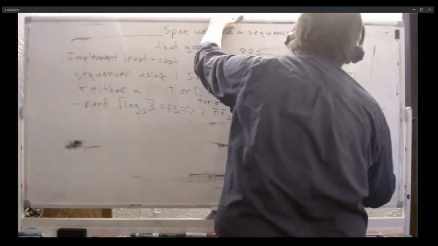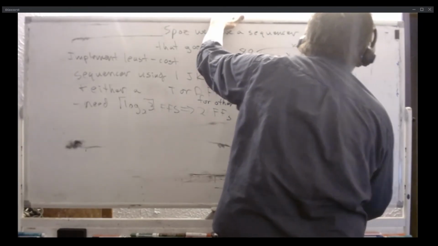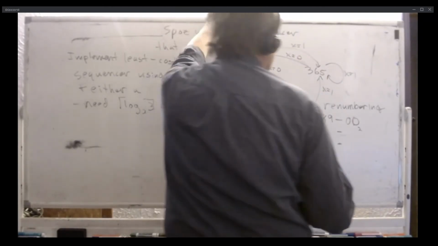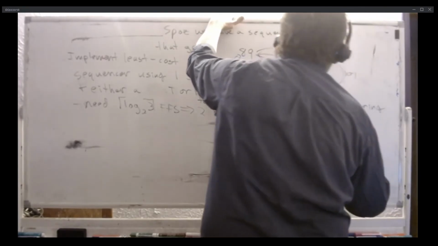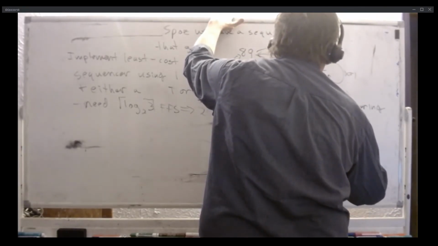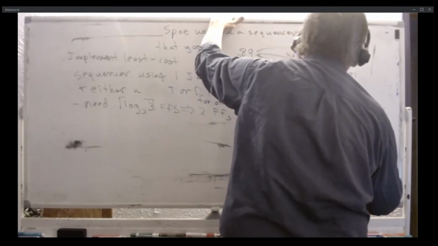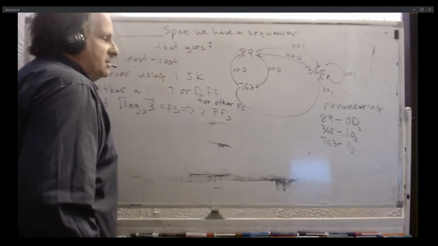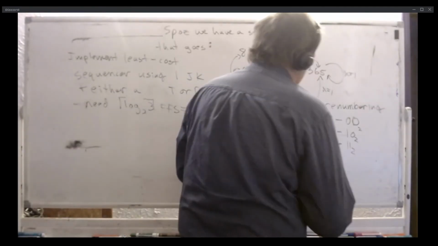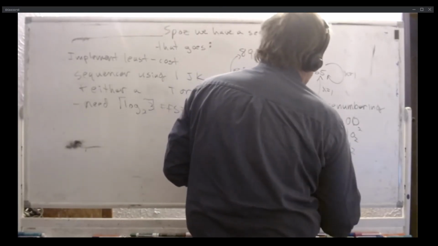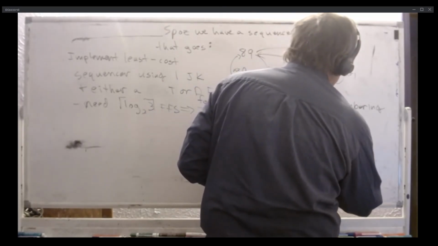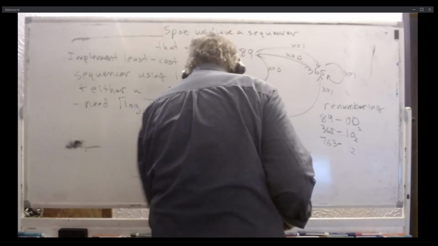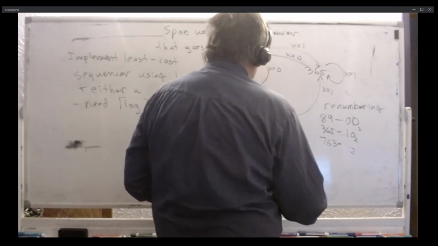How about 365? I kind of want to call that 2, not 1, if only because 763 has a little bit of a simpler relationship with 89. Okay. 763, do you want to call that state 3 or state 1? That's the one I wanted to call state 2. 763?